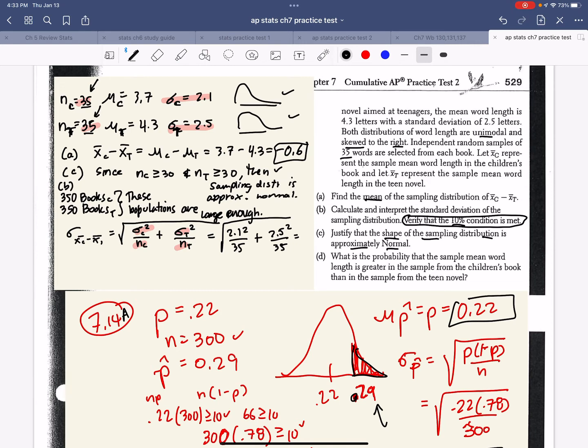What do we get? 0.552. All right, calculate and interpret it. What does it mean? Well, it means that if the difference of the sample means between the two should be this, then we assume it would vary by about a half of a word, right?